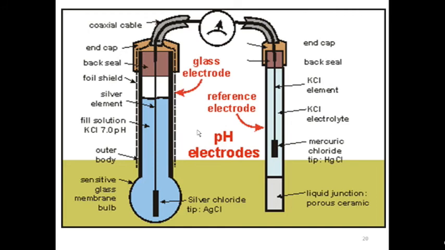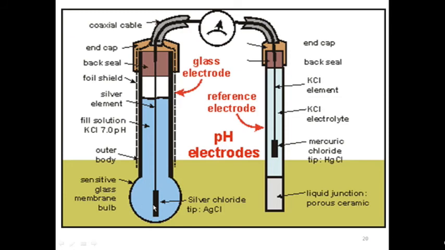The main principle of the pH meter is that it measures the electrochemical potential developed between the known solution inside the glass electrode and the unknown liquid outside of the glass electrode.